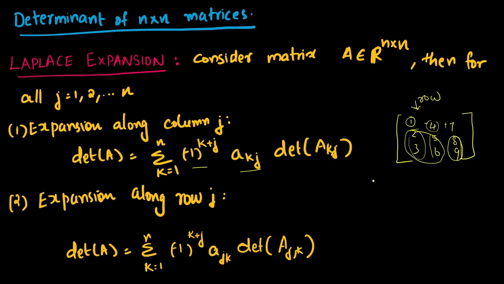Then the column-wise method, we take this one. We take 1 into its cofactor matrix, minus 2 into its cofactor matrix, plus 3 into its cofactor matrix. So that is along the column. That is column-wise expansion. So these are the two methods. We can go for any of these methods, so the answer will be the same.